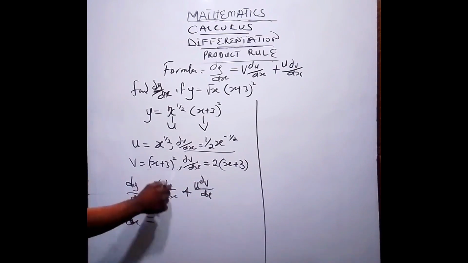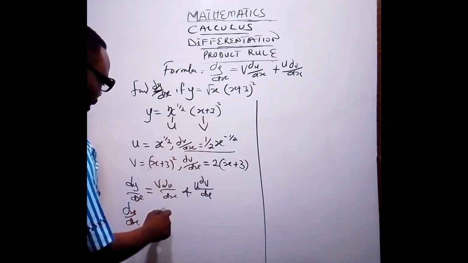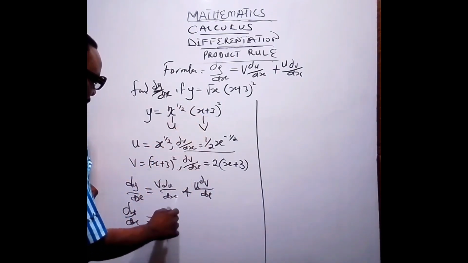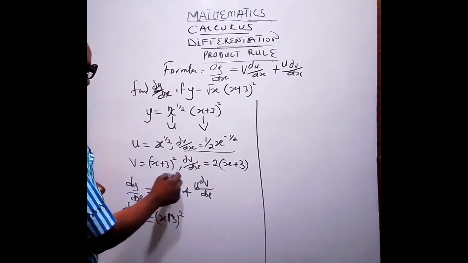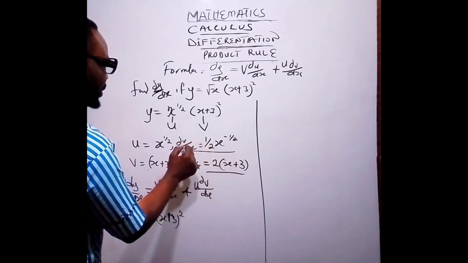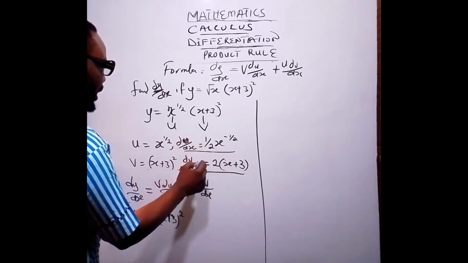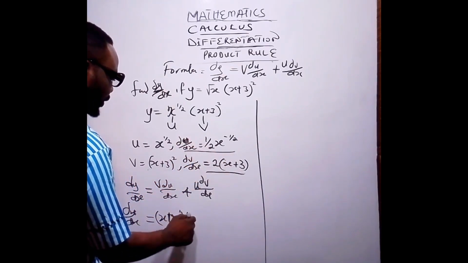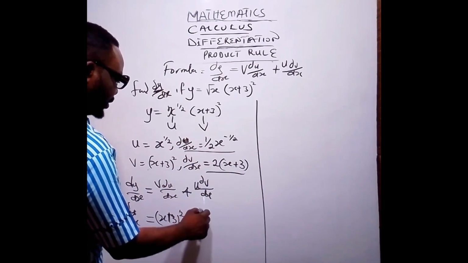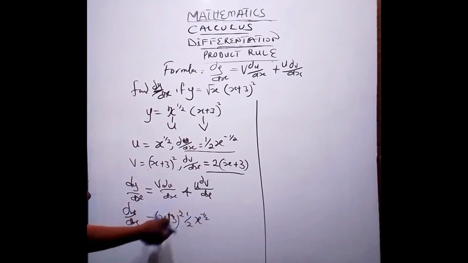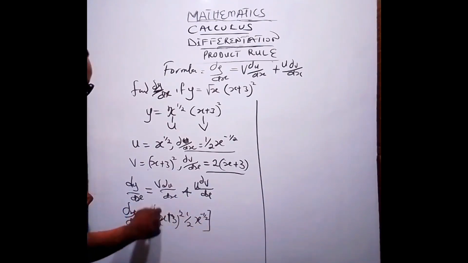The value of our v is (x plus 3) raised to the power of 2. The du/dx is half, 1 over 2, x raised to the power of minus 1 over 2. Then you close the bracket.